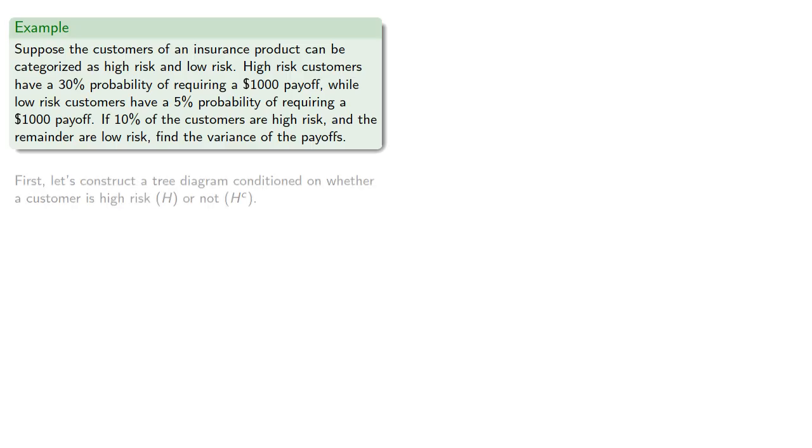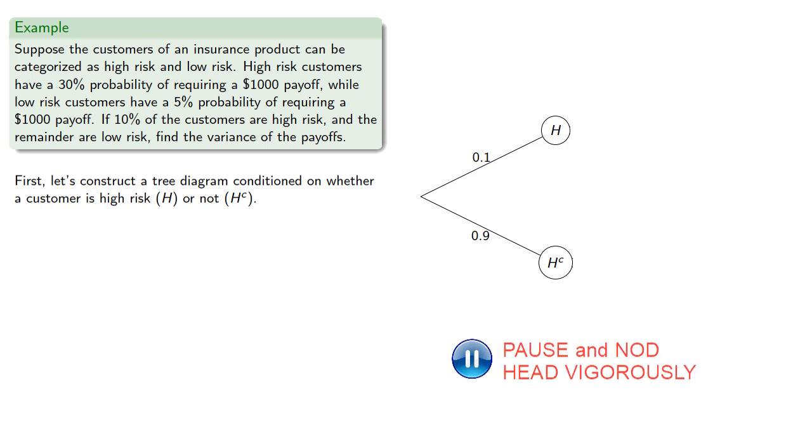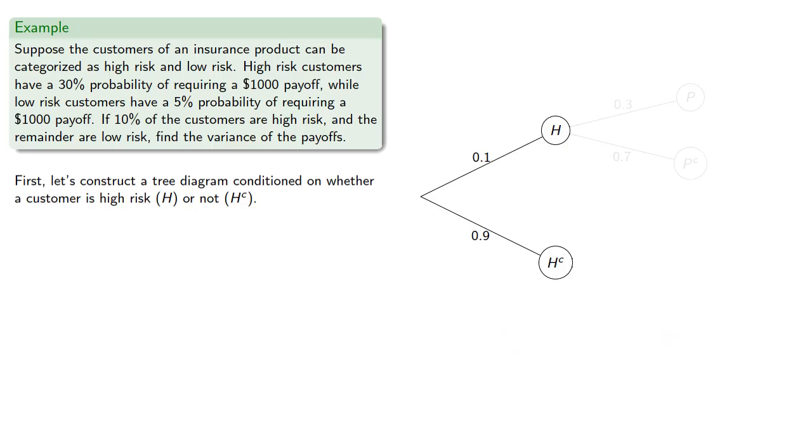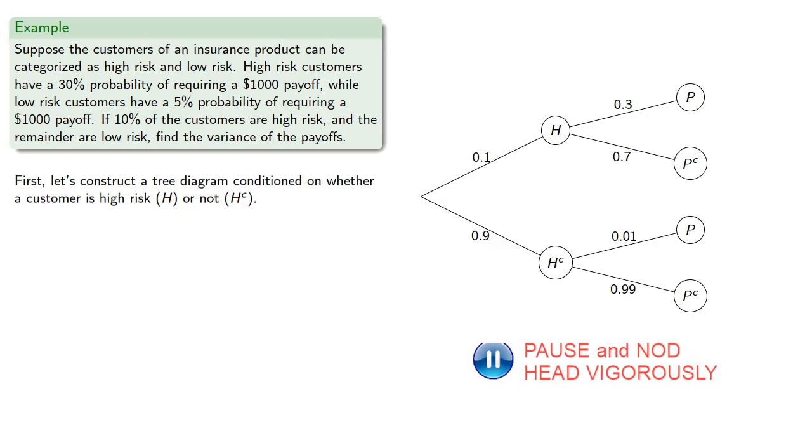So let's construct a tree diagram conditioned on whether a customer is high risk or not. So 10% are high risk, 90% are not. And of the high risk customers, 30% require a payoff, 70% do not. And of the low risk, 1% have a payoff, 99% do not.